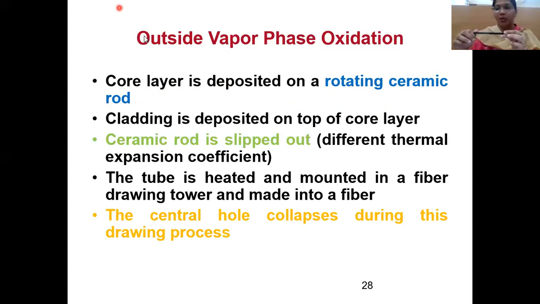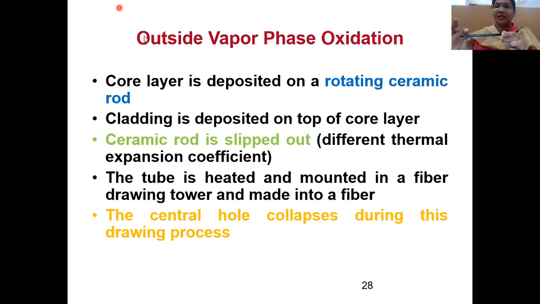Then I will introduce the gases on this external rod. The process is outside this rod. Initially I will deposit the core layer on this rod. So soot formation will take place on this rod. There is a burner which will traverse like this, and the rod is rotated. So this burner is traversing.